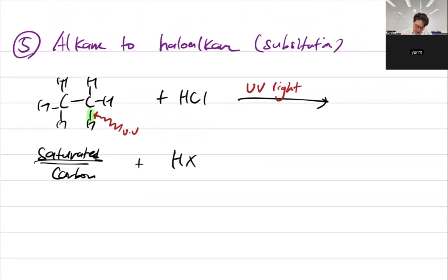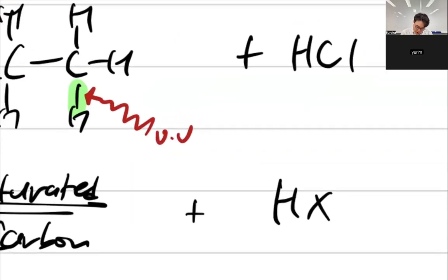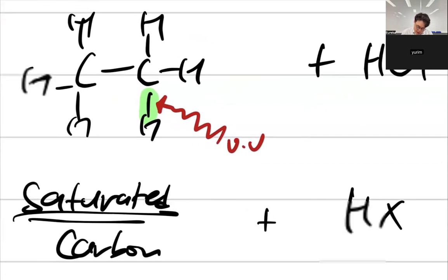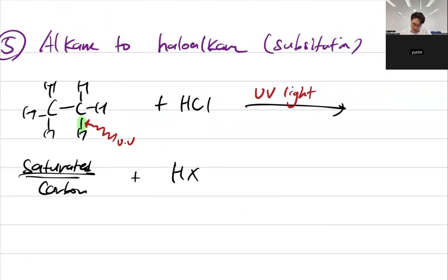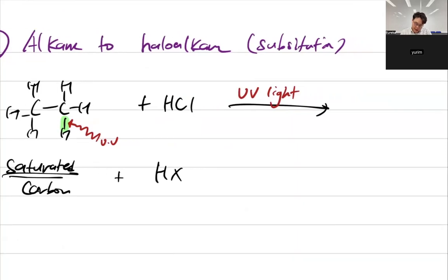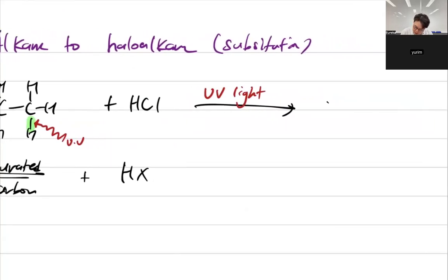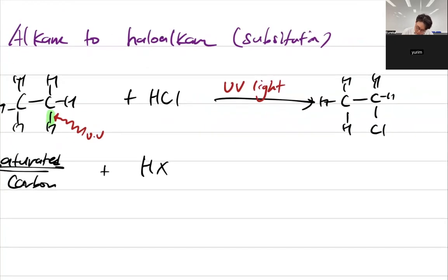So once the bonds are broken, as you can imagine, the carbon to hydrogen, the highlighted one, they are ready to go. It's broken now, so chlorine, which is highly electronegative, will take the place of that broken bond. So chlorine will be attached like this. I just pointed out the different carbon numbers and colors here.